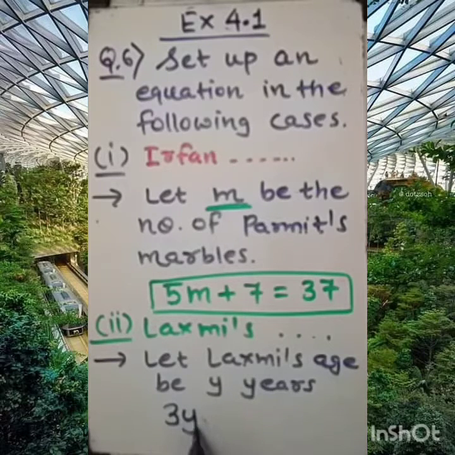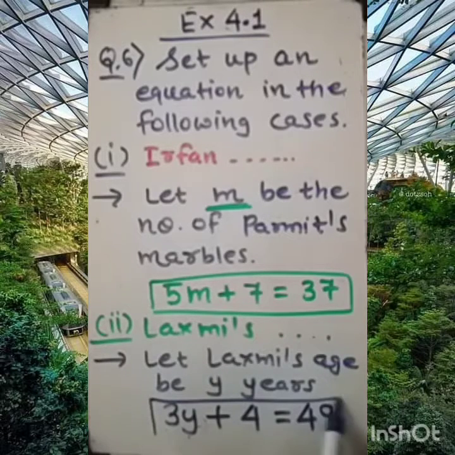And 4 years older means we need to add, because older means bigger. So 3y plus 4 is the age of Lakshmi's father, that is 49 years. So the statement form is 3y plus 4 equals 49.